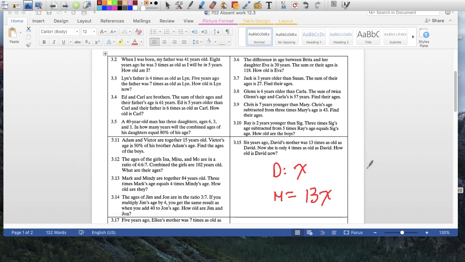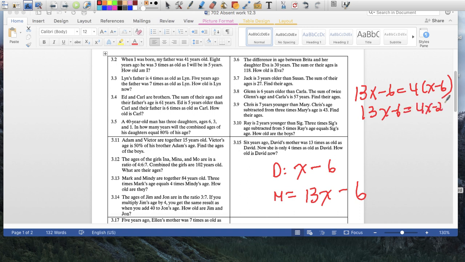And we're going to put this minus 6 because that was 6 years ago, right? Now, 13x minus 6 represents her age, and now she's only 4 times David's age, 4x minus 6. 13x minus 6 equals 4x minus 24.